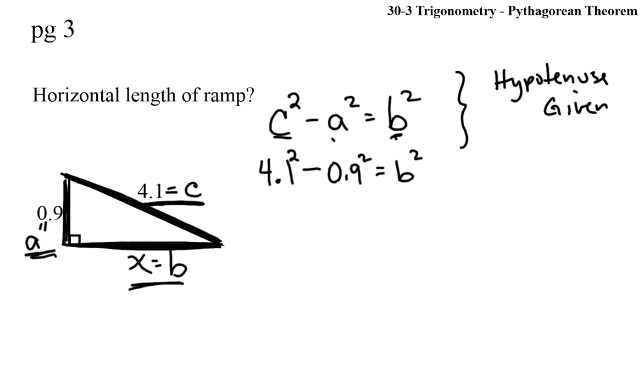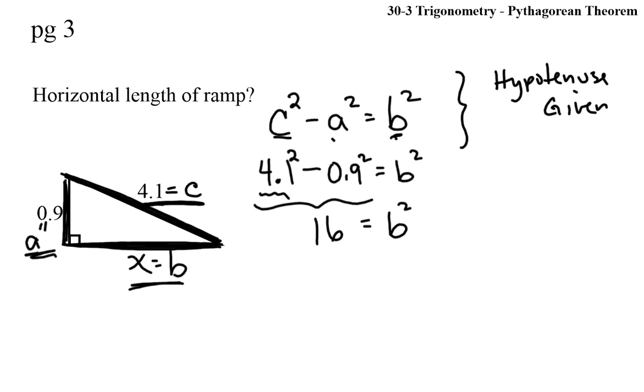Same kind of calculations. Know the formula, use it. 4.1 squared gives us 15.6. Whoops, sorry, my bad. 4.1 squared subtract 0.9 squared. If you do these calculations, you actually end up with 16 as a value equal to b squared.